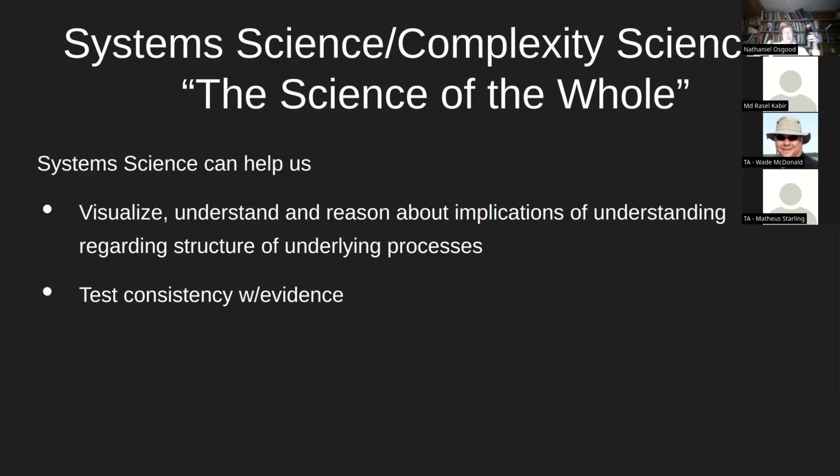So with system science, complexity science, as science as a whole, it's an intellectual edifice that's designed to help us visualize, understand, reason about, and intervene about the implications of understanding the underlying system.